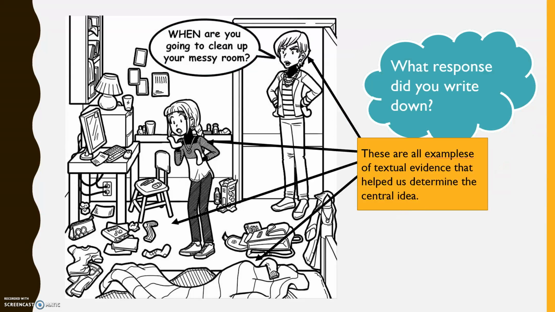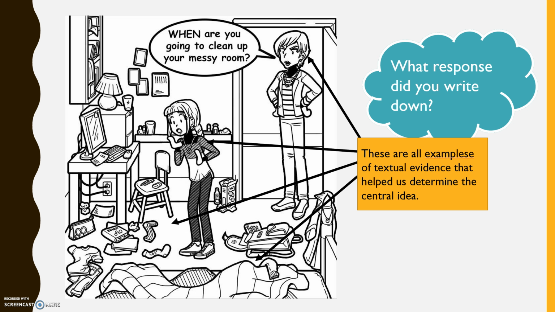This is what we should have come up with, something similar along these lines. So the responses that you all may have had: maybe her room is very cluttered, messy, or disorganized. The mom may be getting on to her because her room is disorganized or cluttered. The young girl may have lost something or be upset because her room is cluttered. And as you can see, I've uncovered the words here.